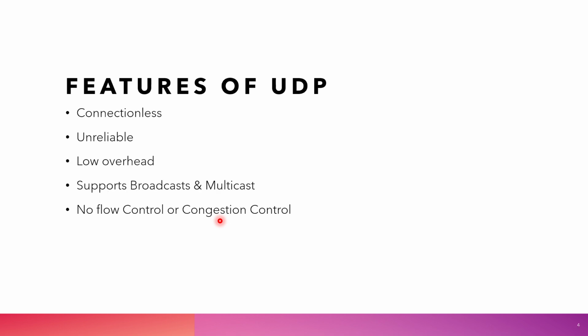So let's discuss the features of UDP. The first feature of UDP is that it is connectionless. That means there is no need to establish a connection before sending the data, as we discussed earlier. The next feature of UDP is that it is unreliable. It means that there is no acknowledgement or retransmission if a packet gets lost.